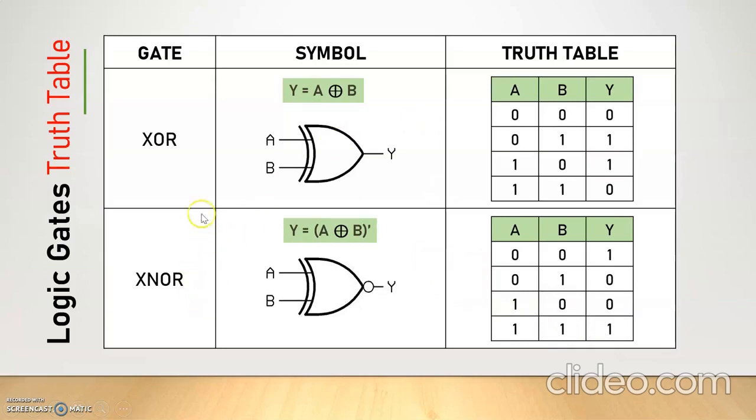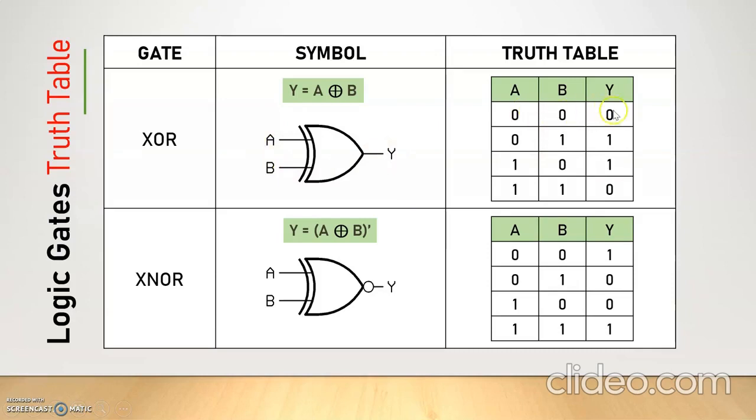Now the last two are XOR and XNOR. For XOR, I have to explain a little bit. XOR means it's going to become true only when either one is true. When A is true and B false, it will become true. When B is true and A false, it will become true. But it will not become true if both are true.